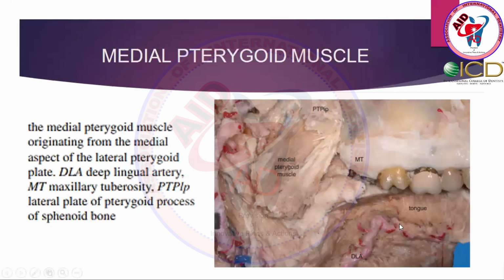Here you see the same picture, that is the deep lingual artery. When we dissect it deeply, it is like this, and that is the tongue. These are the tongue muscles. Here you see the medial pterygoid muscle. That is the maxillary tuberosity you can see, and this is the attachment with the posterior portion of the maxillary tuberosity.